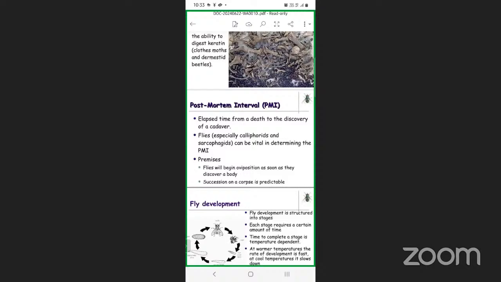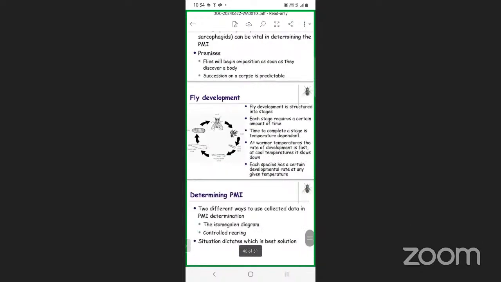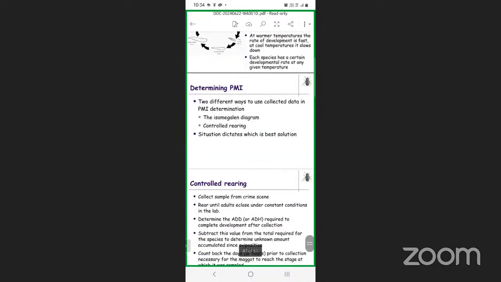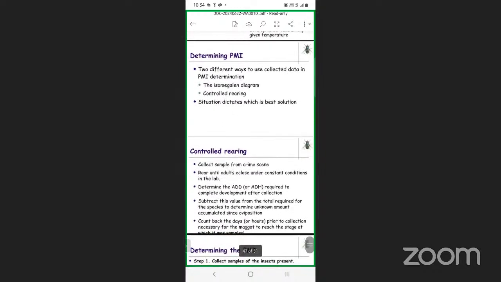Flies begin oviposition as soon as they discover any body in the environment where they are living. The succession on a corpse is predictable, beginning with oviposition as soon as they discover the body, and this helps in controlled rearing and in collecting the sample.